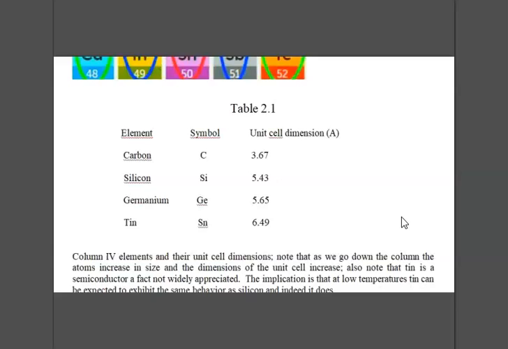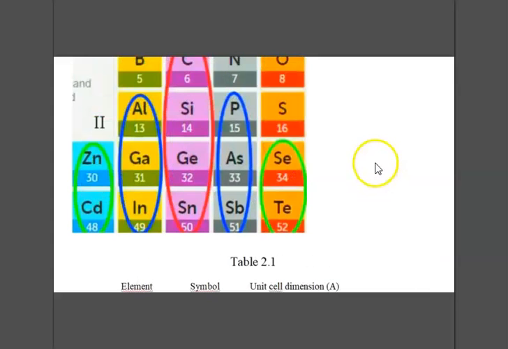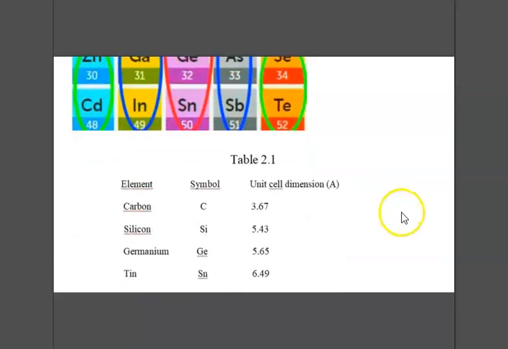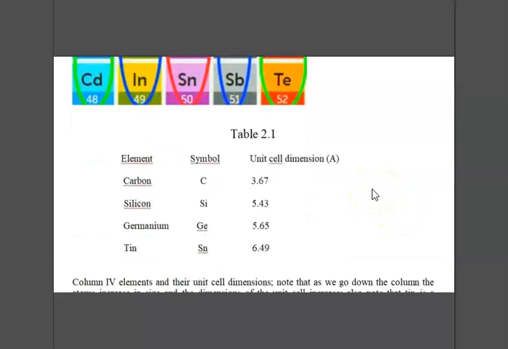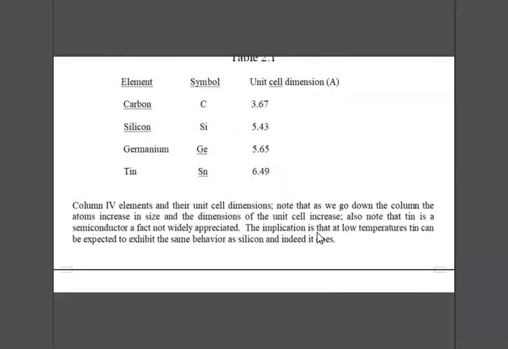So what we said was, as we go down in the periodic table from a low row to a high row, the atoms get bigger. And that is indicated here by the unit cell dimension. We'll talk about unit cells a little bit later on. Carbon has a small unit cell, and they get bigger and bigger and bigger until tin is much, much bigger than carbon.